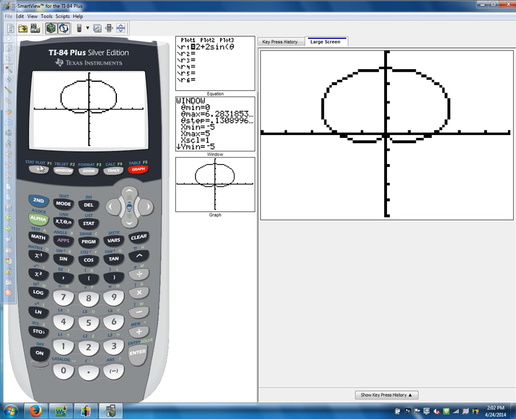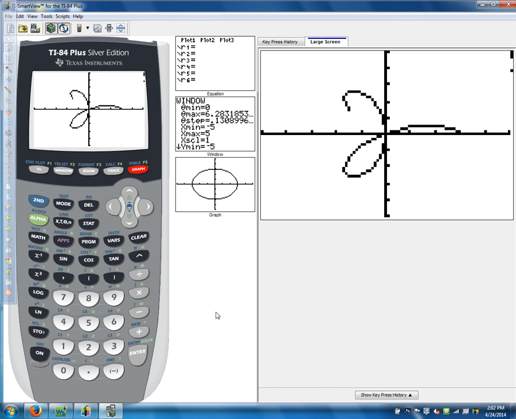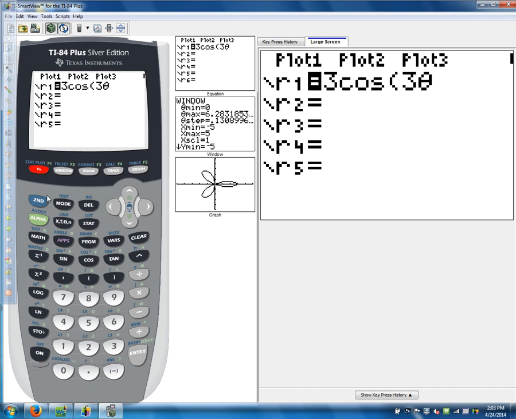I can graph all kinds of polar equations here. We could graph a rose curve. Let's do 3 cosine 3 theta. Graph that, and it graphs a nice rose curve for us. Let's graph one more, a sine rose curve.